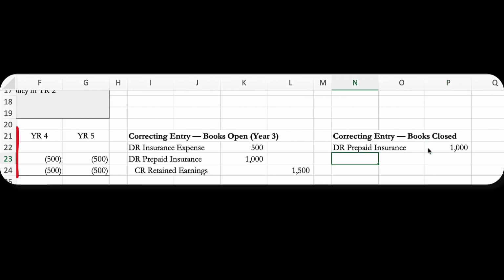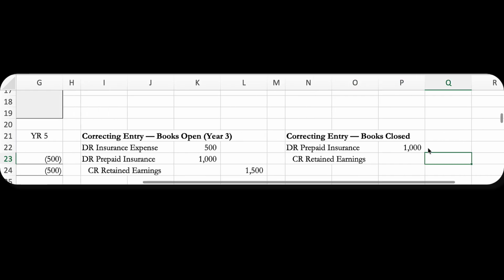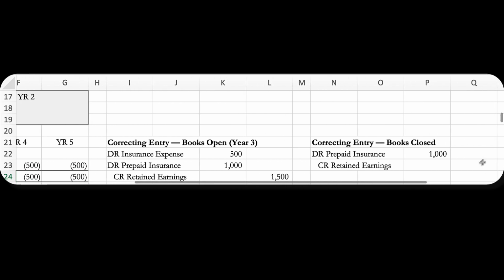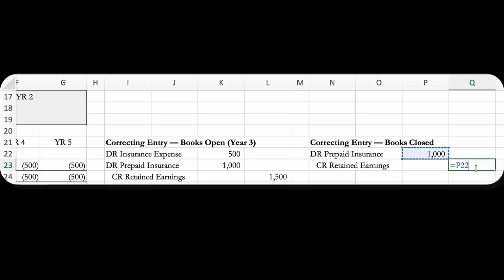But now I can correct retained earnings for, again, whatever's to the left of the line. So the sum of the error to the left of the line is what's been closed to retained earnings. In year 1, I needed to add back $1,500, but then in year 3, I needed to subtract $500. So that net amount is $1,000. So that's my correcting journal entry for the books being closed.